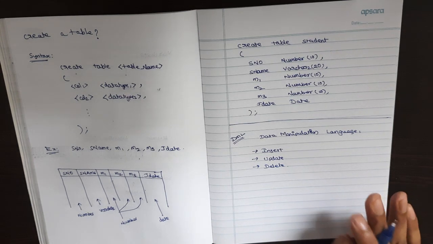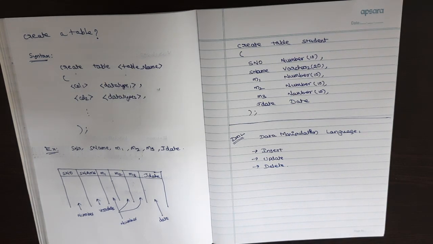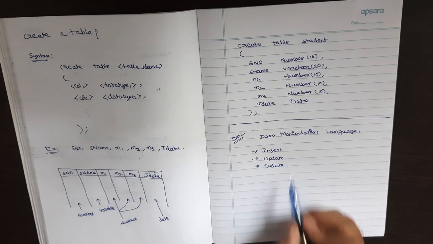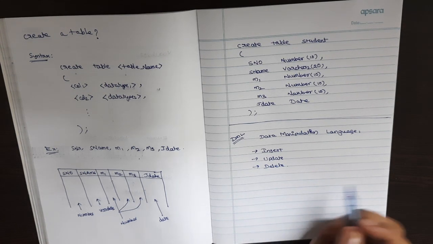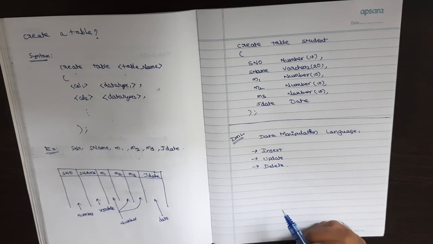We can insert the data. After you insert the data, if there are any records which have some wrong data you entered, then you can update the data. Or if the entire row is wrong, then you can delete the data.